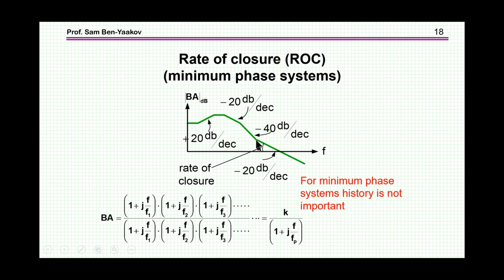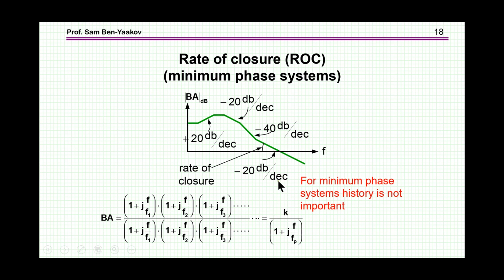And now we have here a 0, which brings it back to 20 dB, because the 0 is increasing, and the phase now is also subtracted, and the end result is that history does not matter.